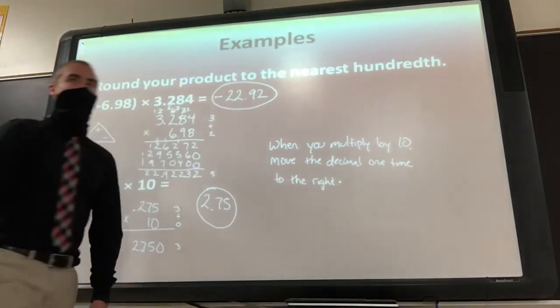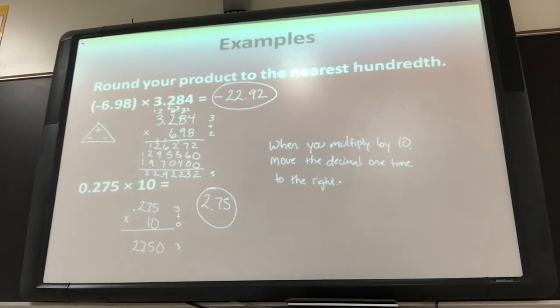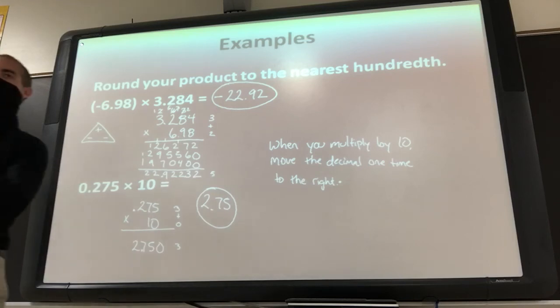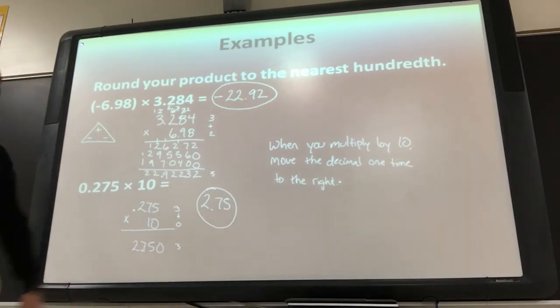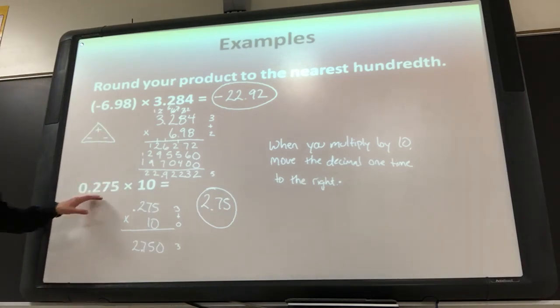If we multiplied by 100, how many times should we move the decimal point to the right? 2 times, right? Because you move it twice to get to the 100 spot. We multiply by 1,000, we would move the decimal point 3 times to the right. So anytime you're multiplying by a power of 10, 10, 100, 1,000, 10,000, you move the decimal point that many times to the right. So the numbers aren't actually changing, just the decimal placement is what's changing there.